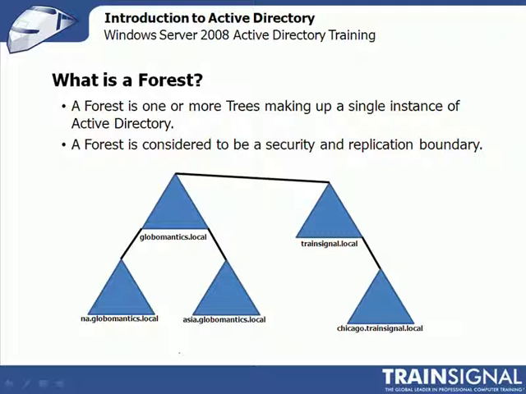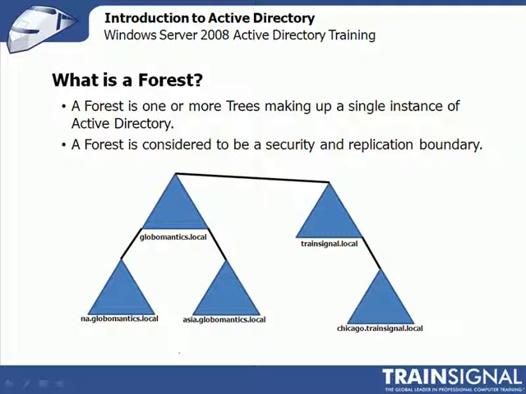So one thing I do want to clarify is that a forest is one or more trees. I mean, that's to make it real simple. It's one or more trees. But it is not, and I really want to emphasize this because I have seen this misrepresented, it is not your entire Active Directory. It's not made up of every domain in your organization.